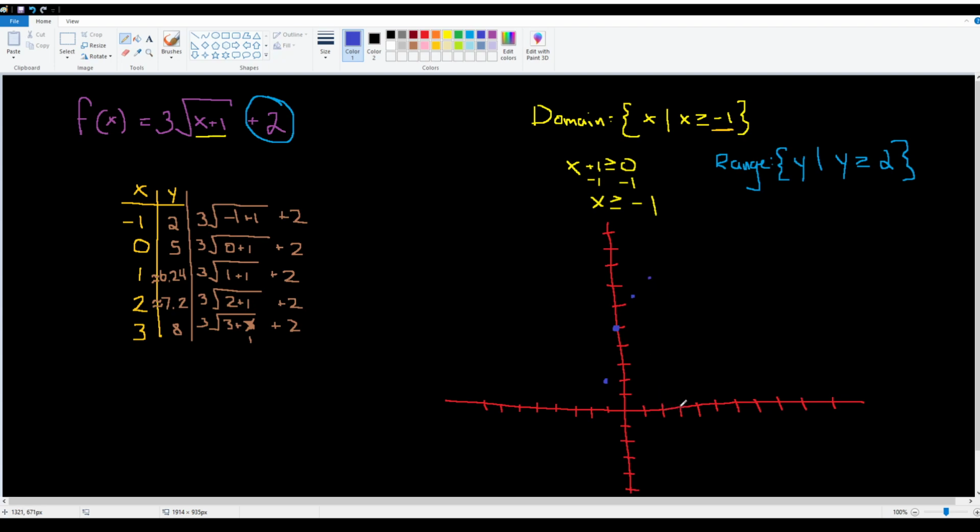Then I have the point 3, 8. And I can see that a kind of curve is happening here. So I'm going to start at this point here, not go past it this way, but just connect all of these points with a smooth curve. And that would be the graph of f of x equals 3 times the square root of x plus 1, plus 2.